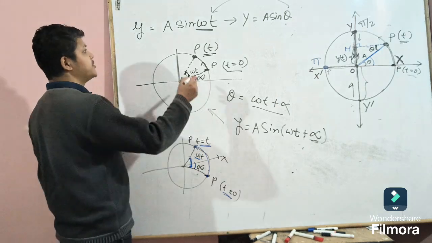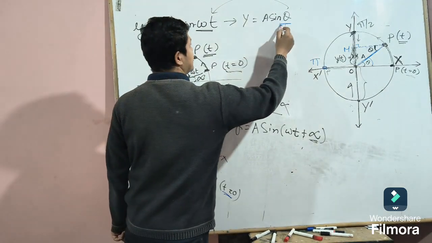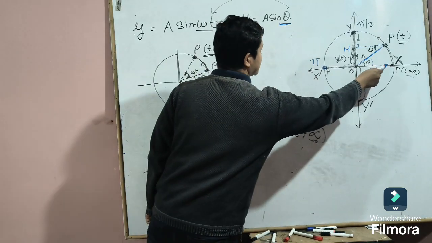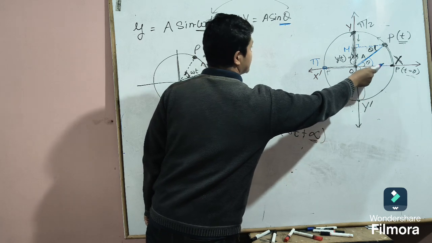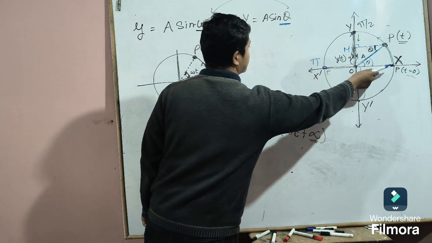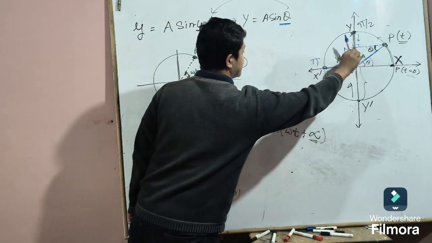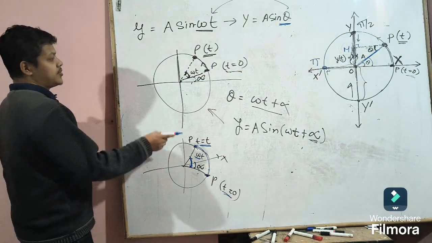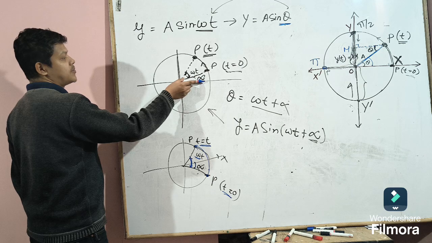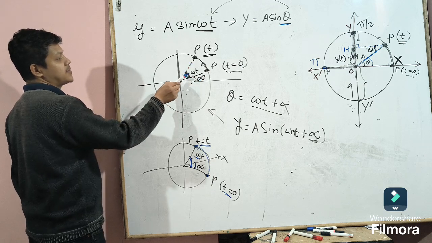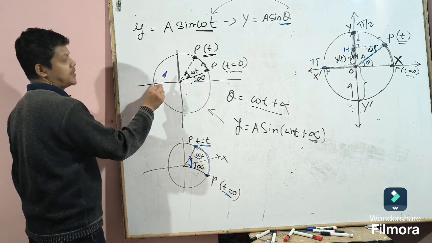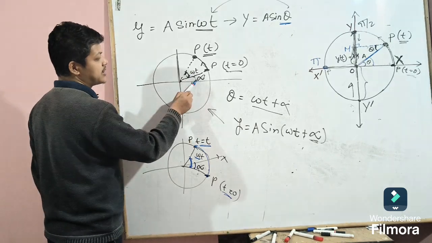Now when we find this displacement, the angle is always measured from the positive x-axis. In the previous case we took omega t plus alpha.